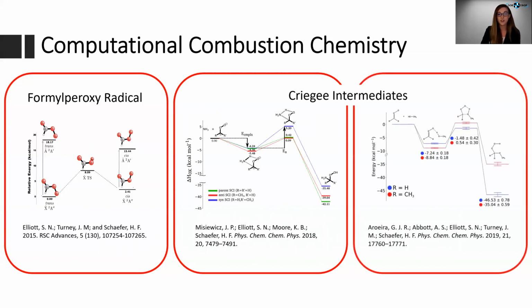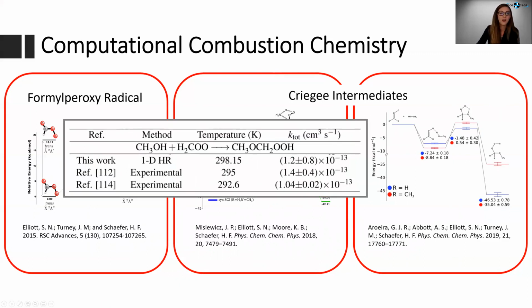I also did some studies on Criegee intermediates with grad students at the University of Georgia. Criegee intermediates play a large role in the oxidation capacity of the atmosphere, and they've been a hot topic recently. But we were investigating two potential sinks, one being addition to ammonia, that's that first one here, and then one being the addition to methanol. So for the addition to methanol, we were within experimental uncertainty with our rate constant at 1.2.